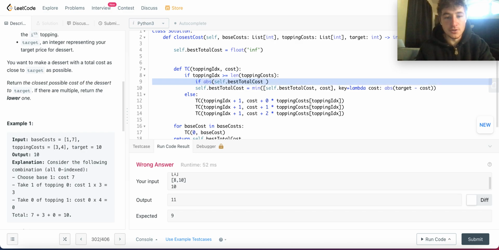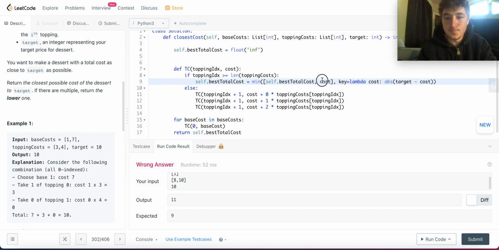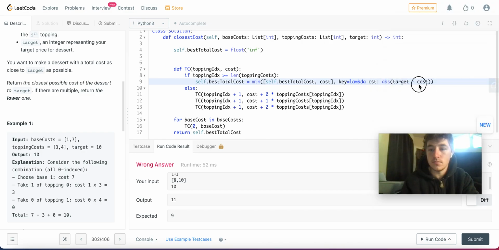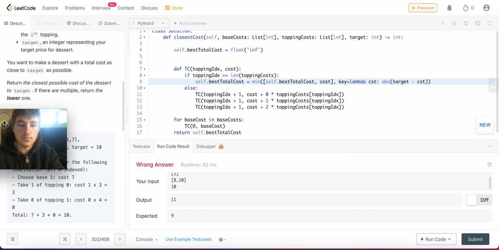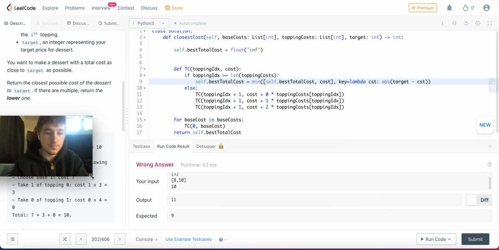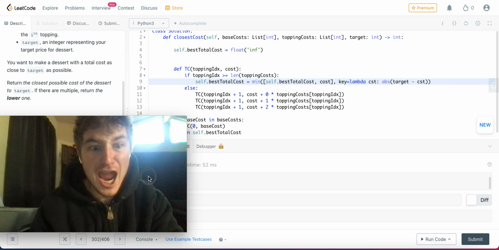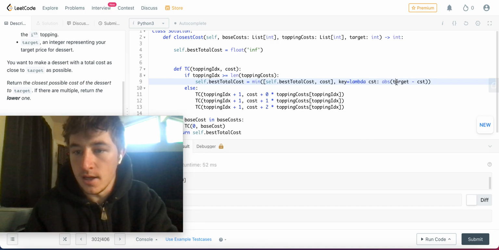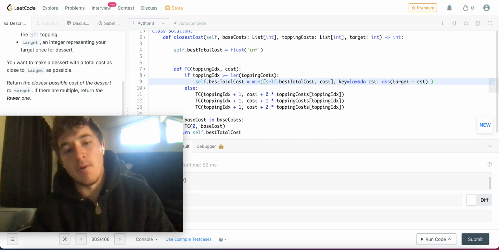I'm trying to think about how to do this in a neat way. Let's put this down here. So I want it to be minimum.